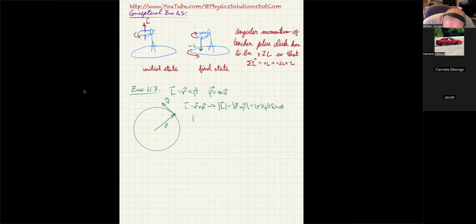Now I'm going to make use of the fact that p is equal to mv, and that's going to give me r times m times v times the sine of theta. Well, we can see right here that clearly theta is equal to 90 degrees, and I should have drawn that a little bigger.